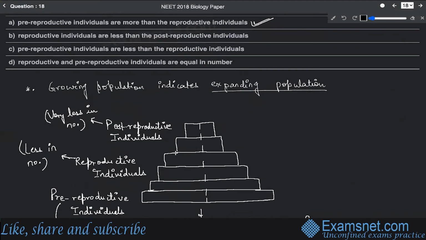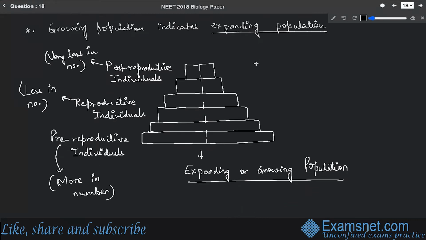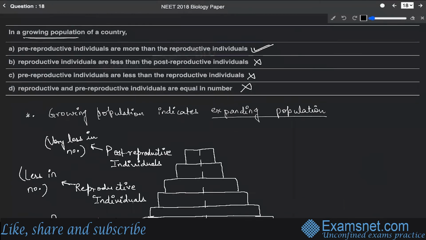No, they are not less than the post-reproductive individuals. They are actually more in number as compared to post-reproductive. Pre-reproductive individuals are less than the reproductive individuals. Again, no. Then reproductive and pre-reproductive individuals are equal in number. No. That's why option A is the correct answer.